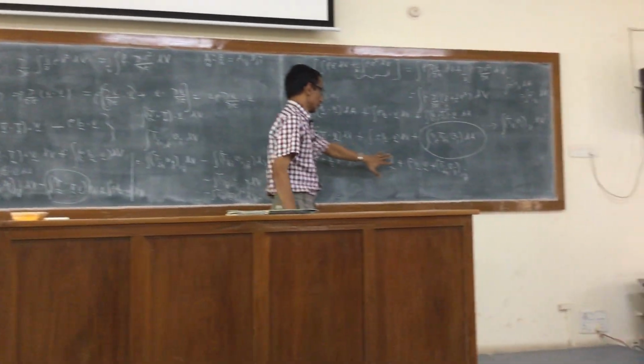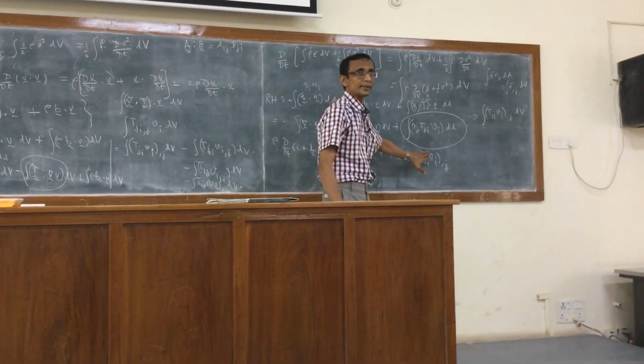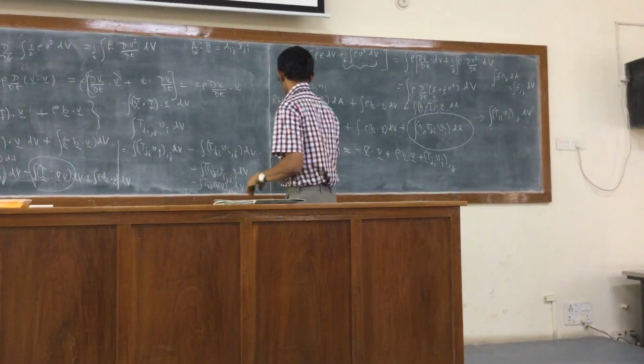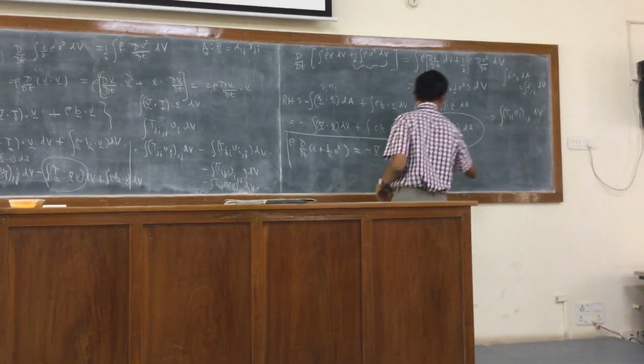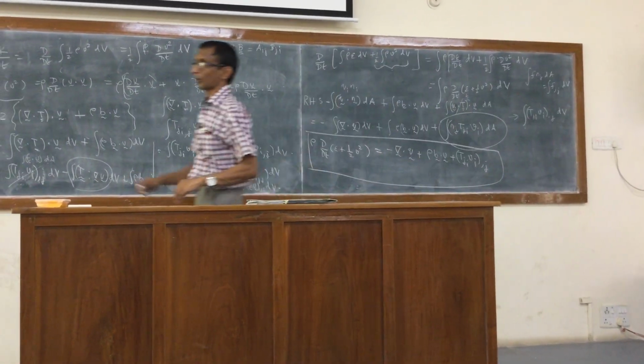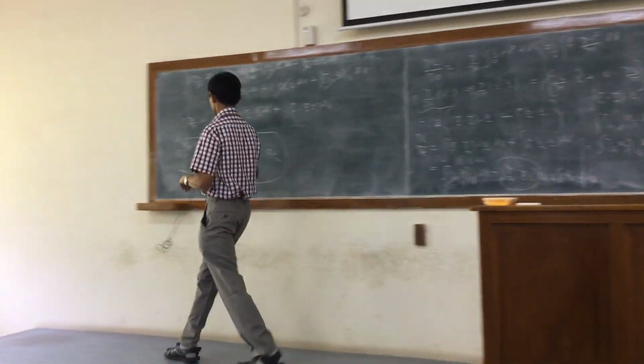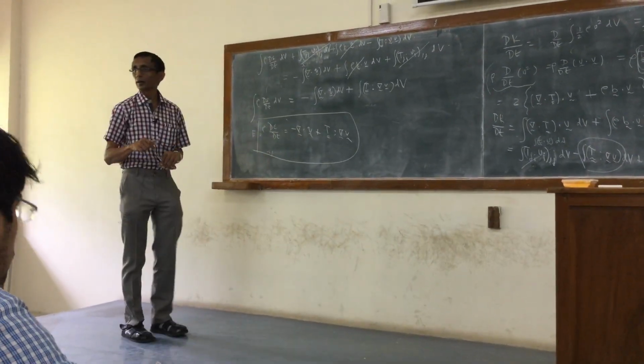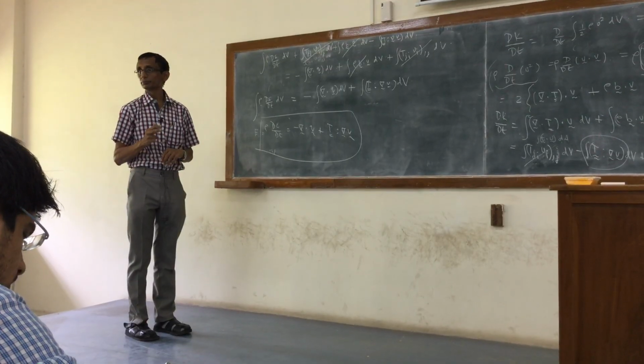Right? So clearly this is an easier form to handle than this. So this form is exactly equivalent to what I have written here. It's just in a different form. Right?